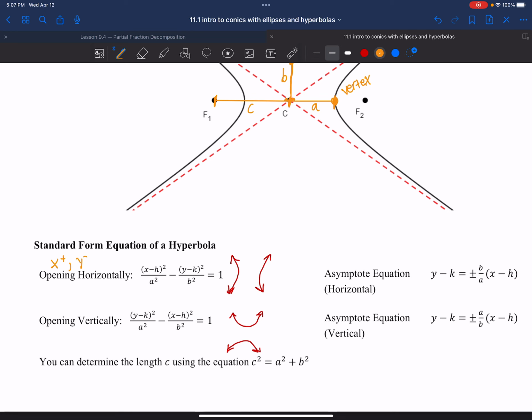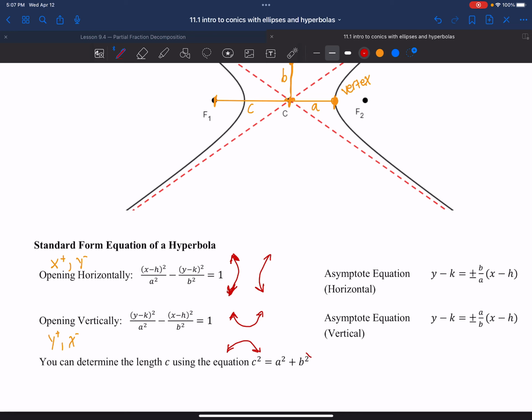When it's opening vertically, y is positive, x is negative. You're subtracting x for vertically, or you're subtracting y for horizontally. I would just pay attention to which one's positive, whichever term is the positive one. If the y is positive, then it's vertical.